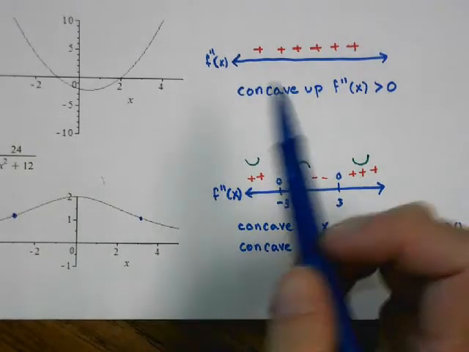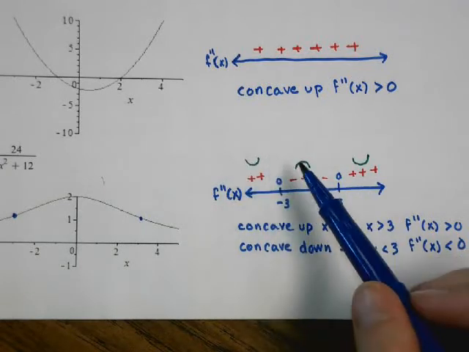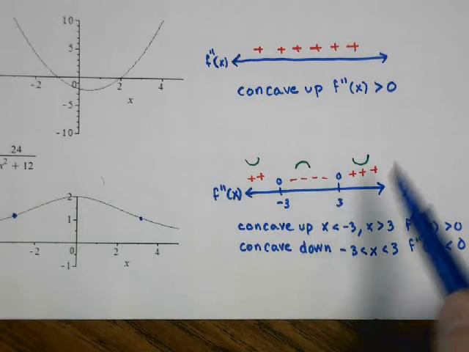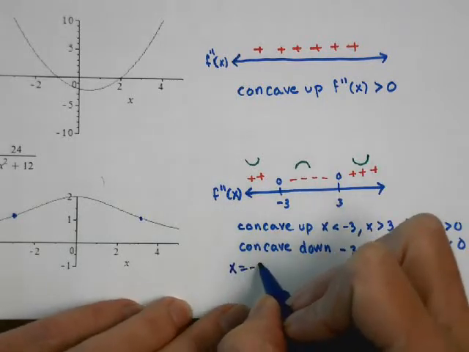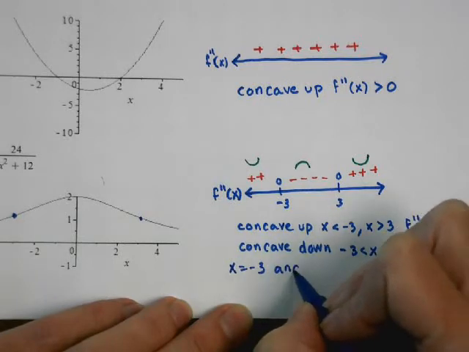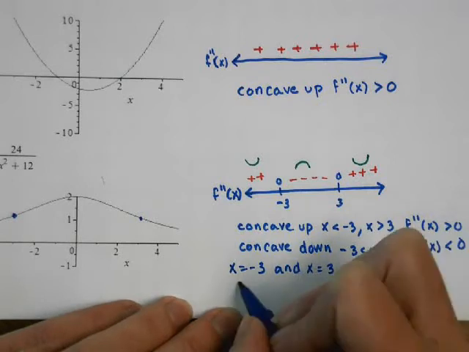And on this graph, at -3 and at 3, the graph switches concavity. It goes concave up to concave down to concave up. So x equals -3 and x equals 3 are inflection points.